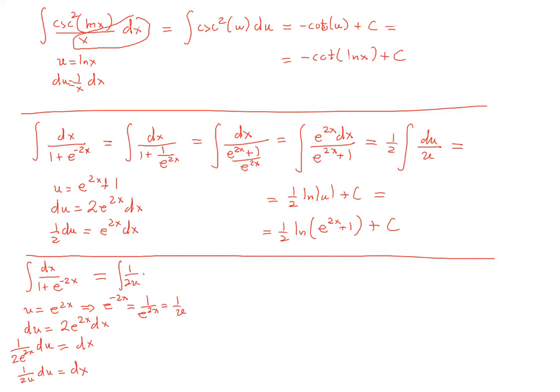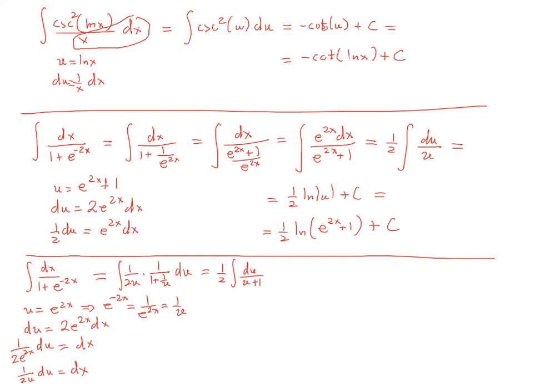So if we put everything together, this will give us 1 over 2u times 1 over 1 plus 1 over u du. And eventually you, of course, see that we get a very similar integral. Take the 1/2 outside, and this will be du over u plus u times 1 over u, which is u plus 1.